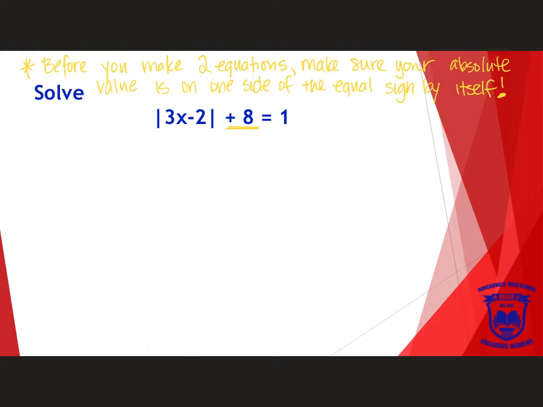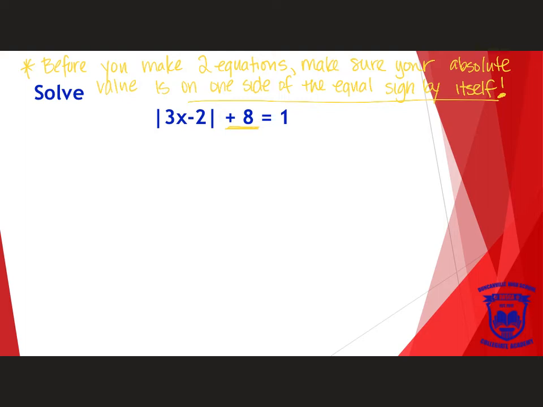So before you make two equations, you have to make sure that your absolute value is on one side of the equal sign by itself. What that means is that you need to move everything on one side and leave the absolute value before you make your two equations.